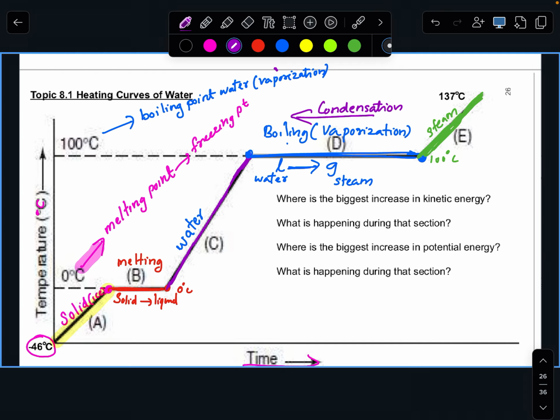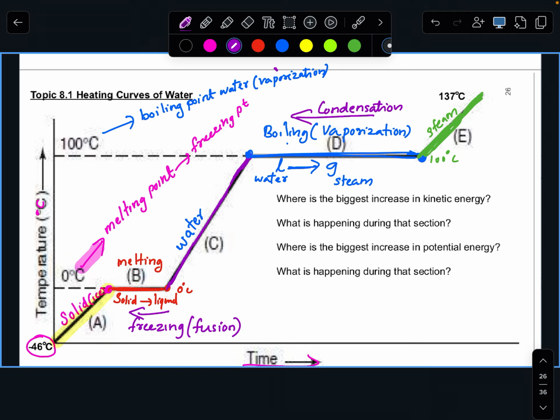And same thing, when you go backward here, it is called what? Freezing, or we can also scientifically call it fusion. Fusion and freezing are the same thing. It is converting liquid water into solid ice. Combining, they fuse together to form ice.